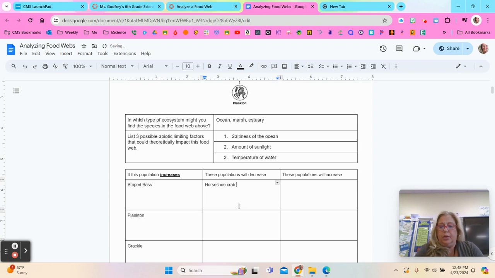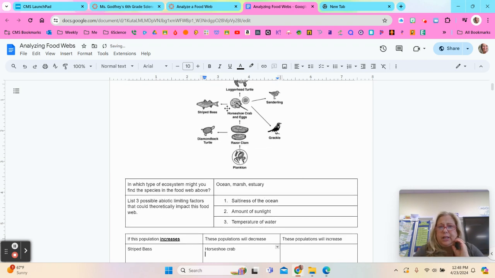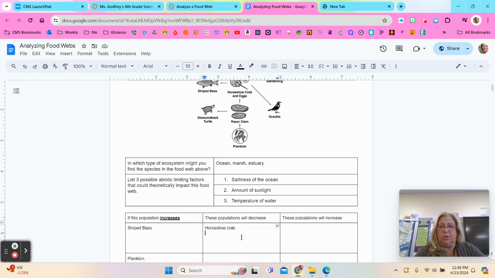Okay. And then think about this. Anything that eats the horseshoe crab, if there's too many striped bass, then these guys that eat the horseshoe crab, all 3 of them are going to have a decrease in population because there's going to be not enough horseshoe crabs for all of these guys who are depending on them. So that means you're going to have to put the grackle, the sanderling, and the razor clam all up in there.